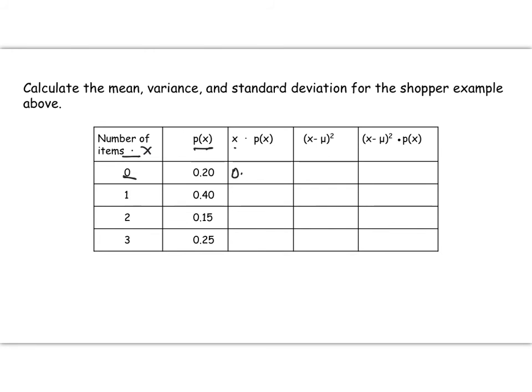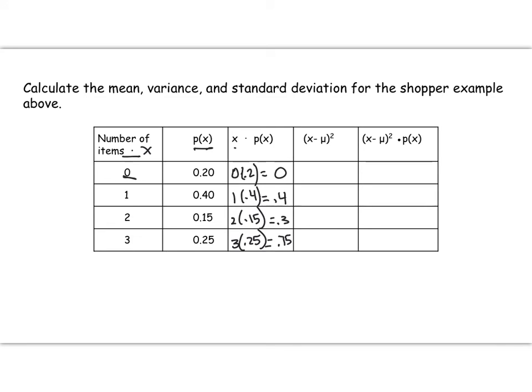So 0 times 0.2 is going to be 0. Oh, I love when that happens. 1 times 0.4 is 0.4. I really like that too. 2 times 0.15 is going to be 0.3. And 3 times 0.25 is going to be 0.75. So those are all the individual values times the probability of that value.